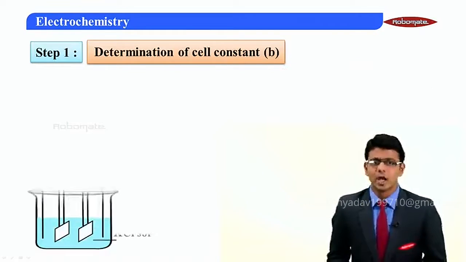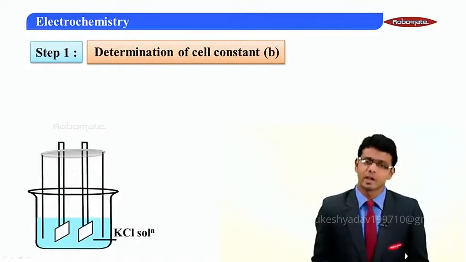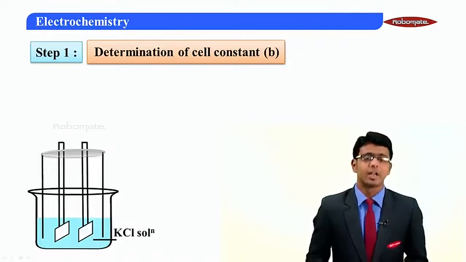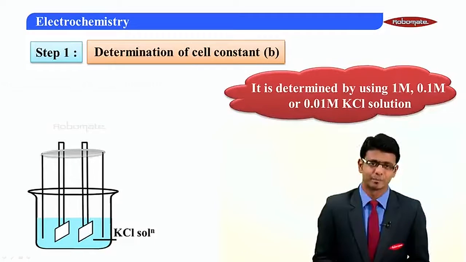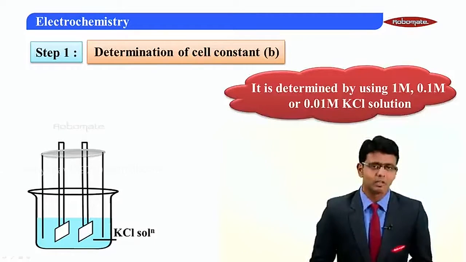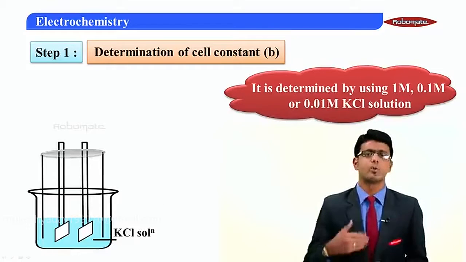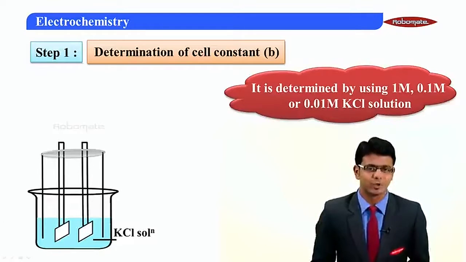So here you have a conductivity cell which is filled up with KCl solution, and for this measurement we can use different concentrations of KCl. So it could be 1 molar or 0.1 molar or 0.001 molar KCl solution.